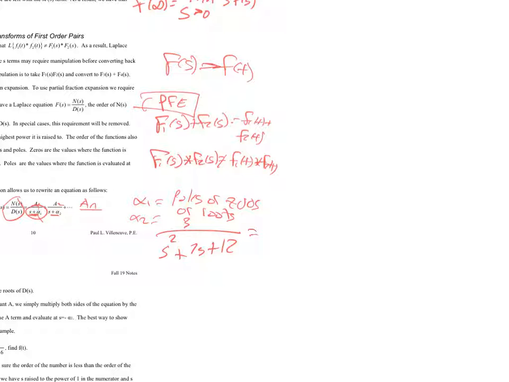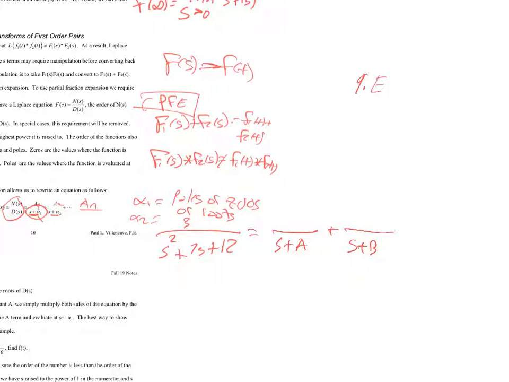I want to do partial fraction expansion, right? That does not look like the table. So I know it has to have some s plus a plus some s plus b, right? What's the easiest way to go from this to breaking it up into separate terms? Factoring.